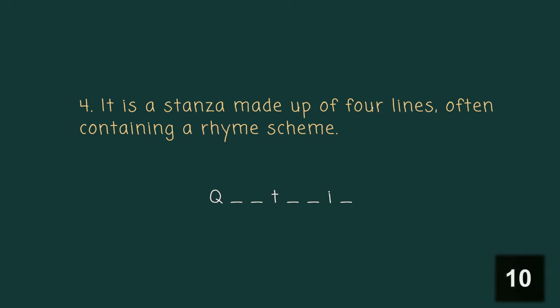Number 4. It is a stanza made up of 4 lines, often containing a rhyme scheme. Timer starts now. Time's up. The answer is quatrain.